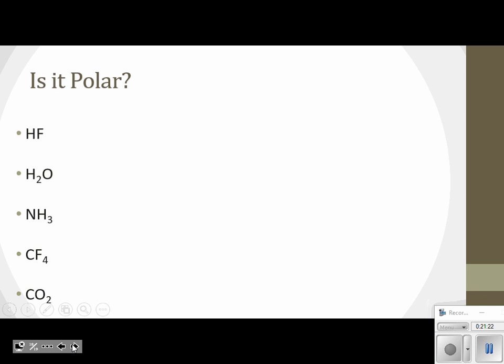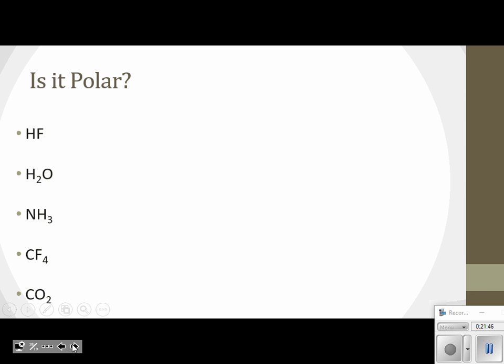Now let's look at these and say, is this a polar molecule? How I like to do these, folks, is I like to think and relate them to what I know. This HF looks a lot like HCl, doesn't it?